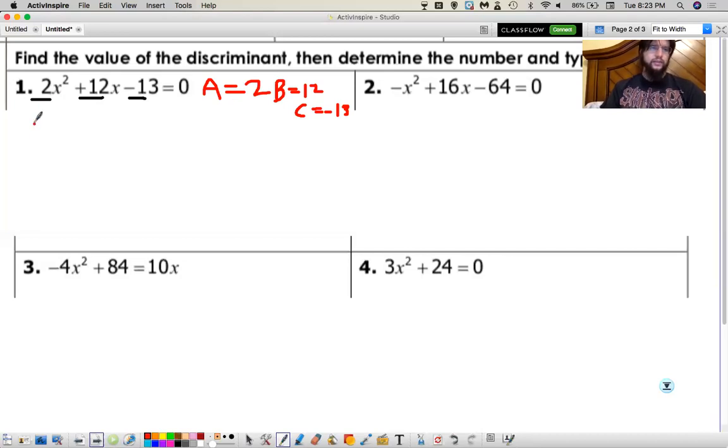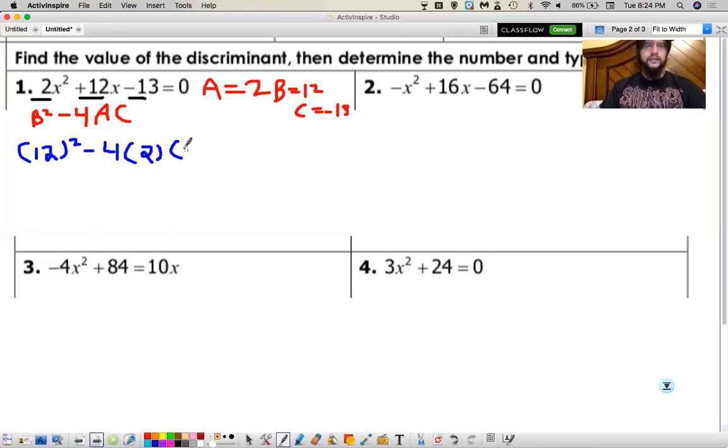All right, it's b squared minus 4ac. So I'll write that down so we can remember. Again, that's just the part underneath the radical of the quadratic formula. My b is 12, so I'm going to put 12 in parentheses, squared, minus 4. My a is 2. Again, I'm just going to put it in parentheses.